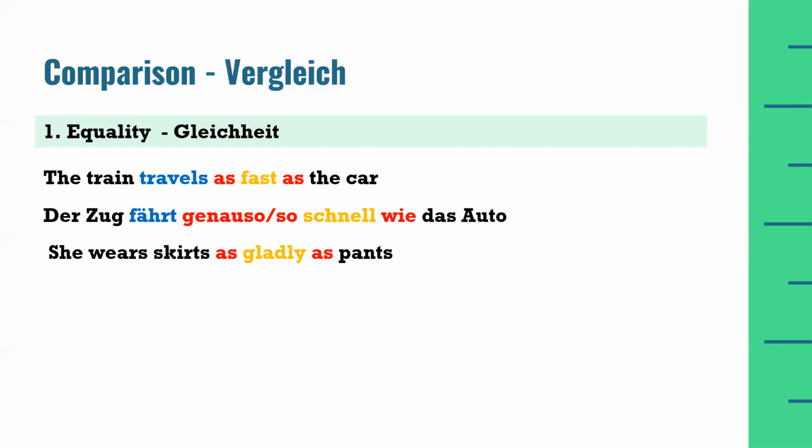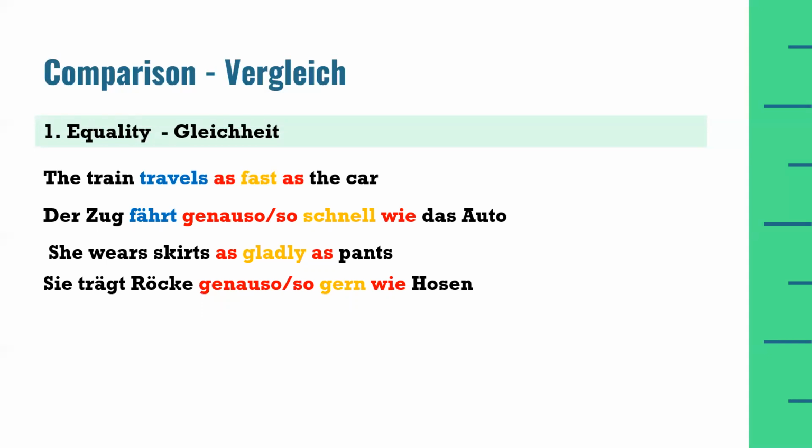She wears skirts as gladly as pants. "Sie trägt Röcke genauso gern wie Hosen." Again, "sie" is the subject of the sentence. At the second position, we use the verb and we conjugate it according to the subject, which is "sie". So "tragen" becomes "trägt".